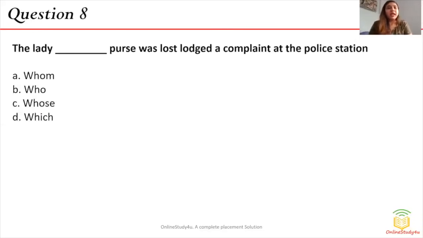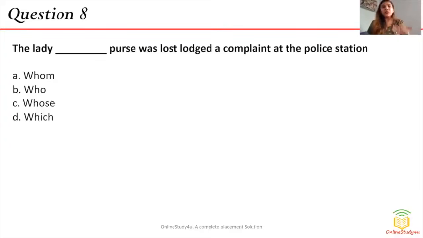Question 8. The lady dash purse was lost, lodged a complaint at the police station. Now, what we're basically trying to say is this particular lady who has a purse, whose purse was actually lost, is lodging a complaint at the police station. Now, the lady whom purse does not make sense. Who purse again does not make sense.